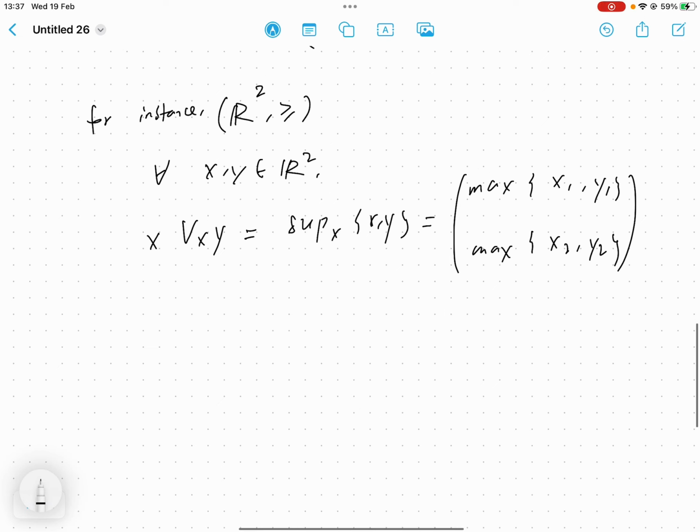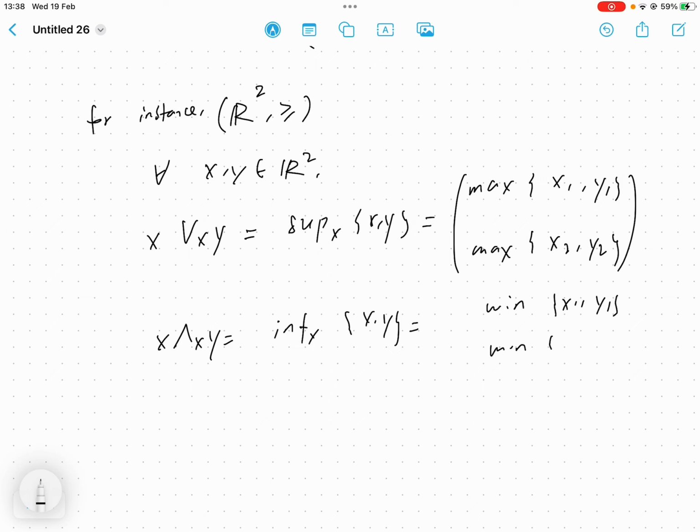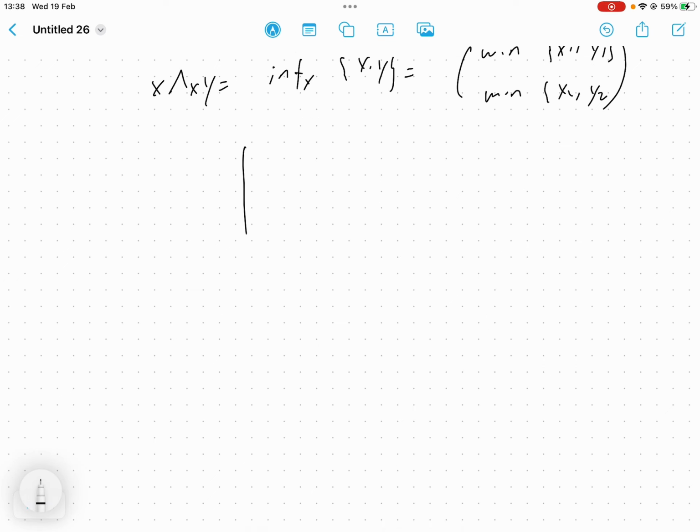And the meet would be the infimum, which is the minimum. It's the same for Rn.